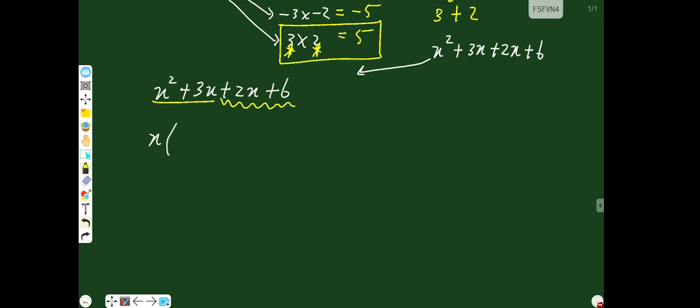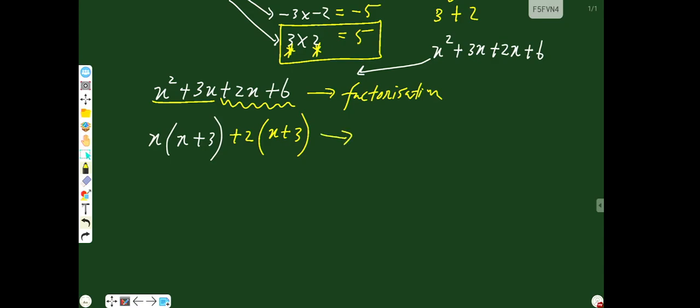We are factorizing, which means taking the common thing out first. x is common. If you take x out, what remains is x plus 3. Then from the other part, you take 2 out, and you get x plus 3. So this step is also factorization, and the second step is also factorization.